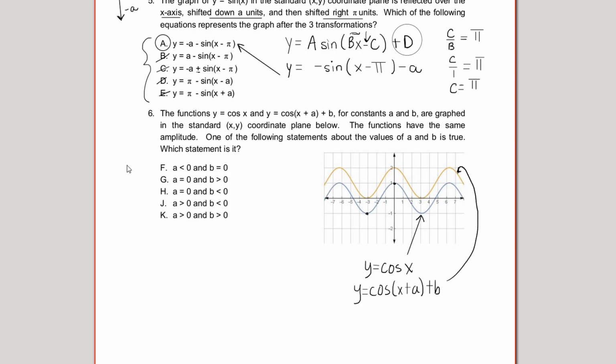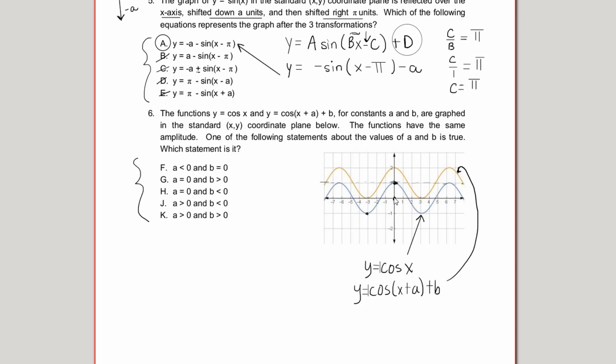So when we're looking at our different answer choices, we're wanting to see what our values of a and b might be. If we look at everything, it tells us already that the a values are the same. We have amplitude of 1 for each case. We can see that where we were using 0 as our halfway point for our graph, now for this y value, the halfway point occurs at 1.